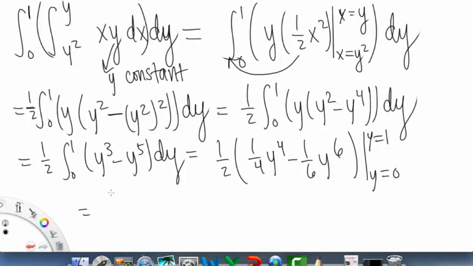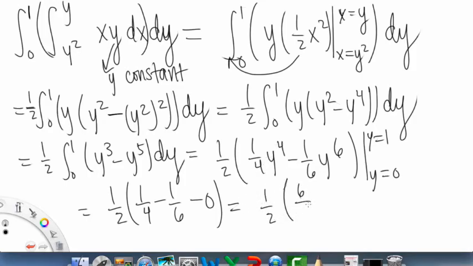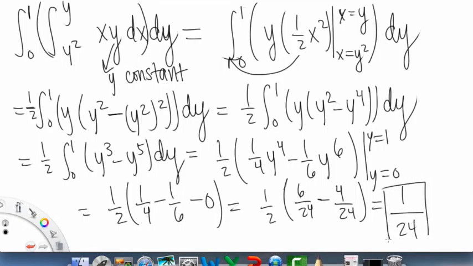Now we're just going to plug it in. So we get this, minus 1 over 6 minus 0. And this equals 1/2 times 6 over 24 minus 4 over 24, which is 2 over 24, and the whole answer turns out to be 1 over 24. Yay, fraction math. As you can see, this was the same answer that we got from the other method.